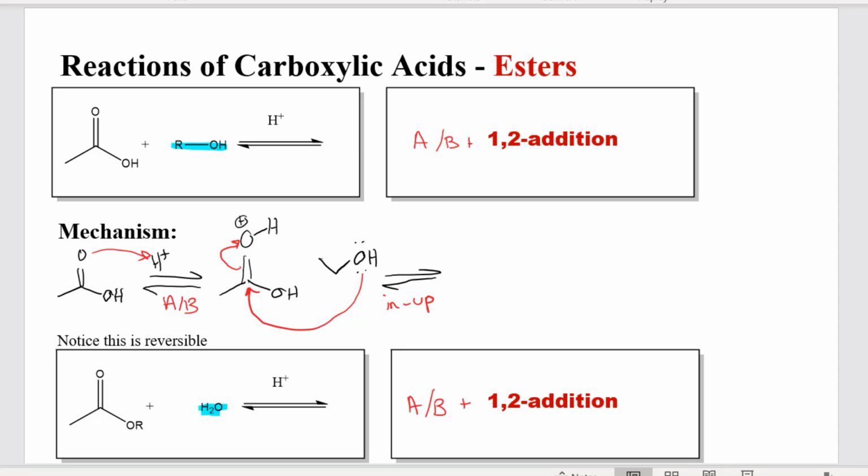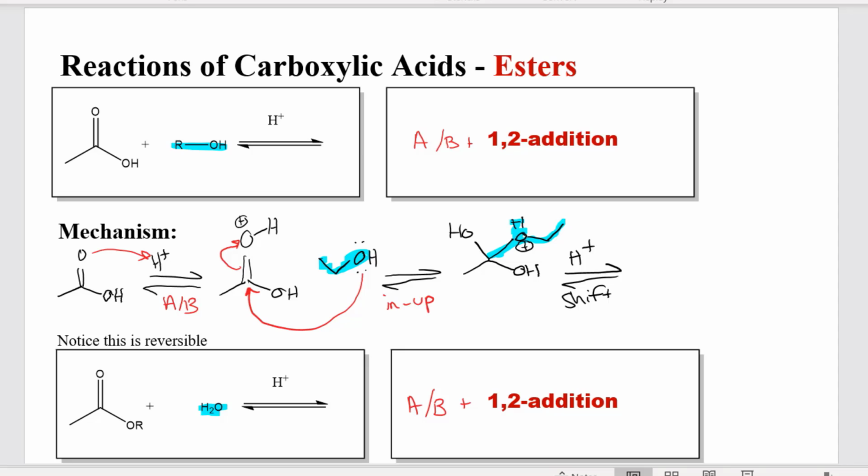In and up reaction. And at this point, I like to remind myself I'm driving the alcohol on. I'm driving the OH of my carbonyl off. It doesn't matter which one. I mean, they're both OHs, so drive one of them off. But to do so, because under acidic conditions I've always got to proton shift to make a better leaving group.